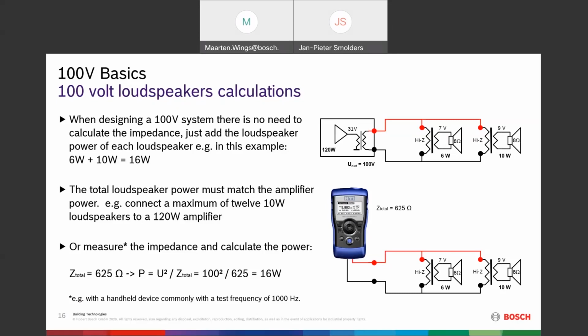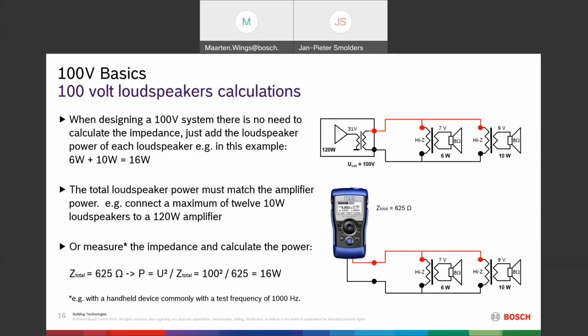Then you can connect that device to the loudspeaker line. You disconnect it from the amplifier and connect it to this measurement device, and then the measuring is done with a 1000 hertz test signal, and then this device will calculate the total impedance, and sometimes you also see the total power that it consumes.